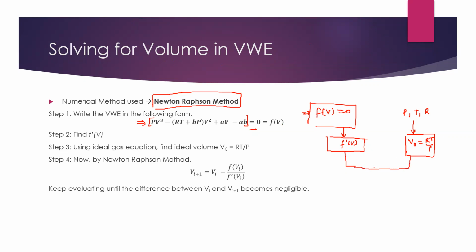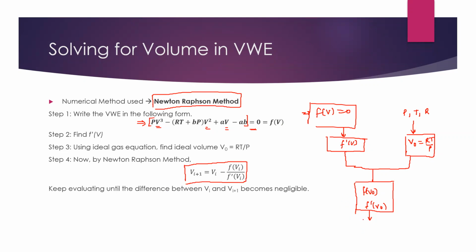Now we are going to find f(V0), that is, we will substitute V0 everywhere in place of V. We'll also find f'(V0). Then we use this formula: V(i+1) = Vi - f(Vi)/f'(Vi).